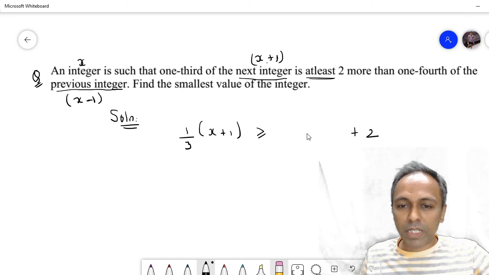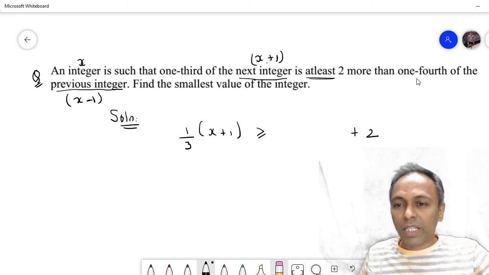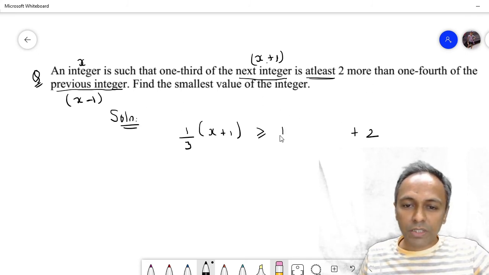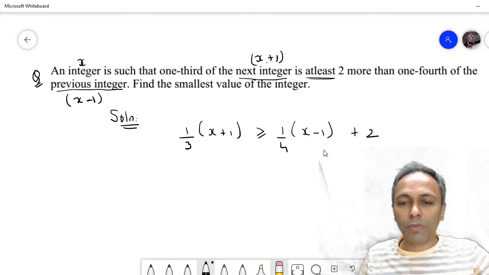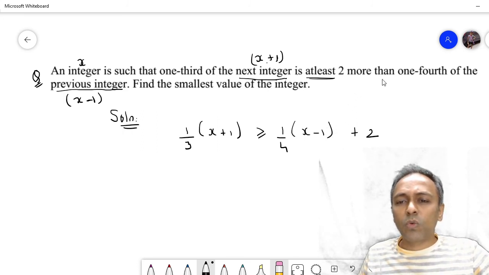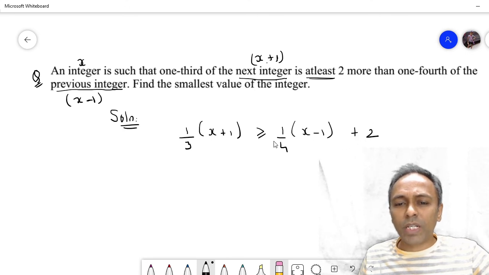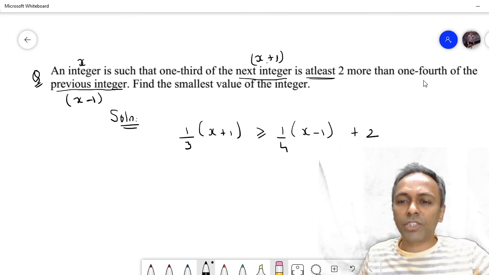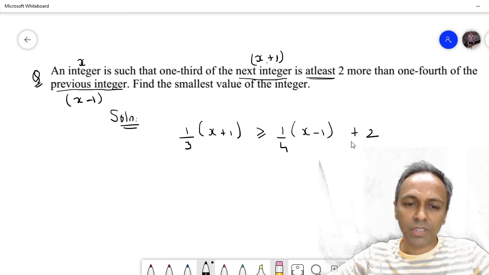So is greater than or equal to. Let us leave some space and write 2 more. Then 1/4 of the previous integer, and in that empty space write the condition 1/4 of the previous integer. That's how you used to do the word problems on ages and all. 2 more, 2 less, then you were leaving some space and writing accordingly plus or minus 2, and then mentioning the next information, which is 1/4 of the previous integer.